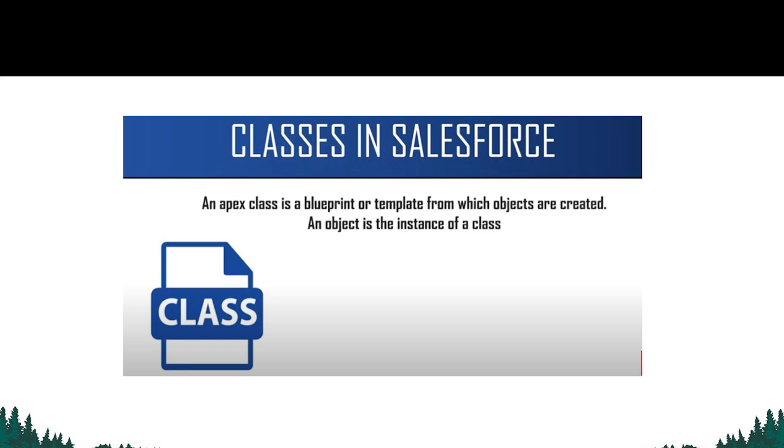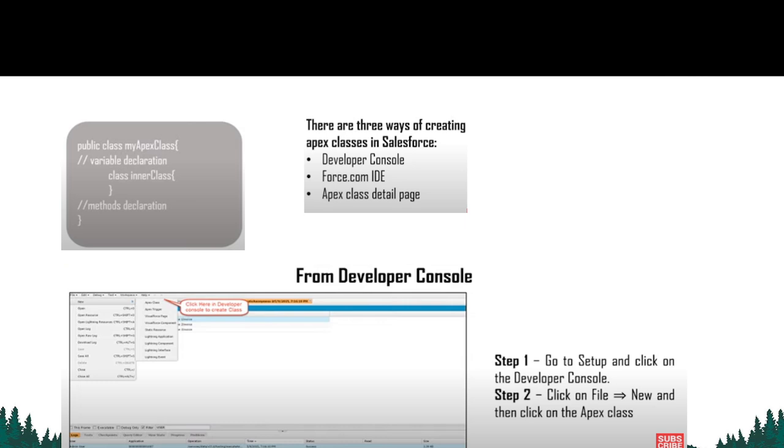Then we have different classes in Salesforce. The classes are there to provide the template from which the objects will be created, and as we already know, the objects are instances of the class. Now here we have three ways of creating Apex classes in Salesforce. The first one is the developer console, the second one is the force.com IDE, and the third one is the Apex class detail page.